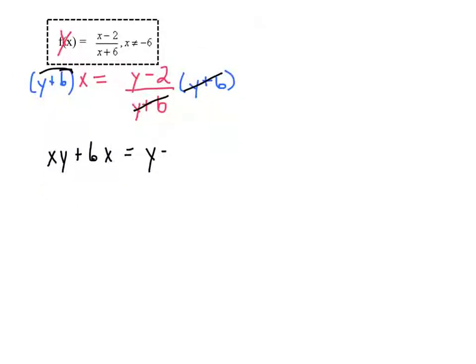y minus 2. Now again, I'm trying to solve for y, so I want to get all the y's on the same side. So I'm going to subtract y from both sides so that I've got xy minus y plus 6x equals negative 2. I also got to get rid of anything that doesn't have a y, so I'm going to move the 6x over.